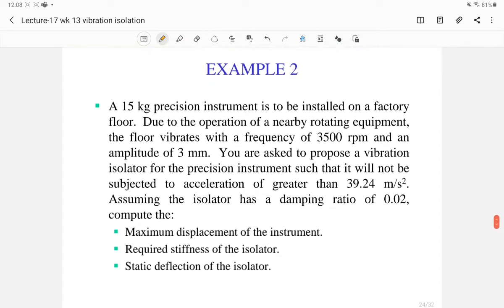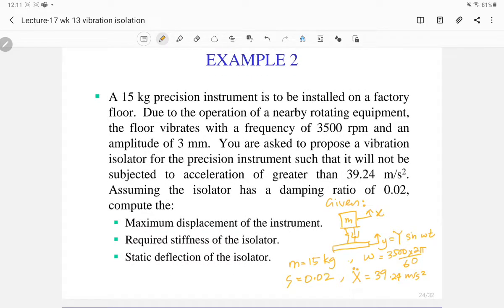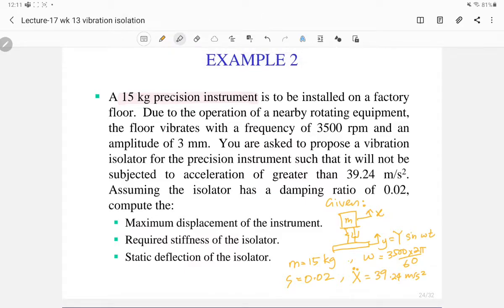So let us take a look at example 2. You have a 15 kilogram precision instrument to be installed on a factory floor.